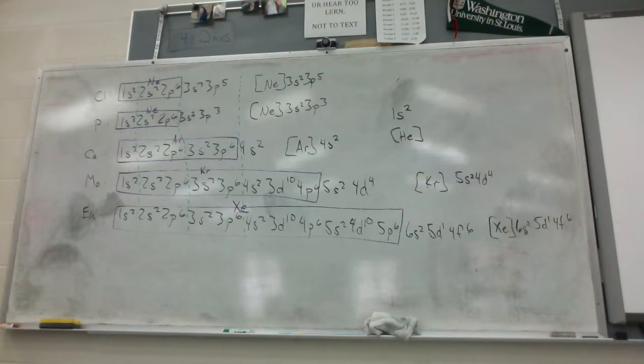So we would write 5s2, 4d10, 5p5. Remember, the s's and the p's are the representative elements. They coincide with the period numbers. So 5s2, 4d10, 5p5. Pretty darn easy, isn't it? Okay.